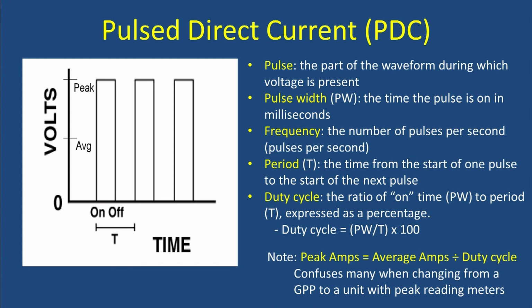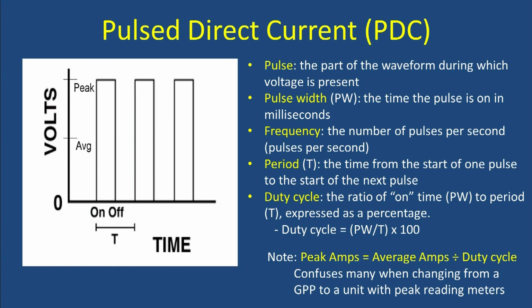Now, average voltage or average amperage here is basically the peak times the duty cycle. So let's just say the peak is 100 volts and the duty cycle is 50%, then the average would be 50 volts, like that. Now, this is a point of confusion for folks that are changing from a GPP to, say, some other control box that measures peak amperage.